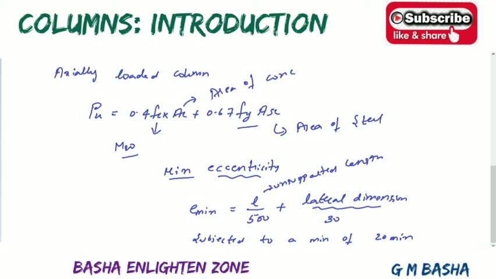For a square column the lateral dimension is, for example, around 200. For a rectangular column you calculate the x axis and y axis separately, and you get minimum eccentricity in the x direction and y direction, for a column of around 200 by 300. If you calculate and get 18, you consider the minimum 20 mm. If you get 22, you consider the minimum eccentricity as 22 only. Based on that, you confirm whether the column comes under an eccentrically loaded column or an axially loaded column. So this is the introduction part.